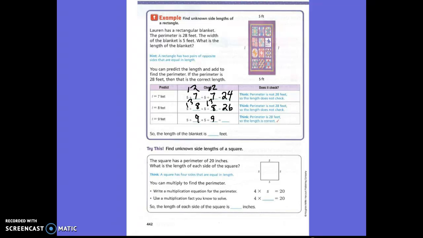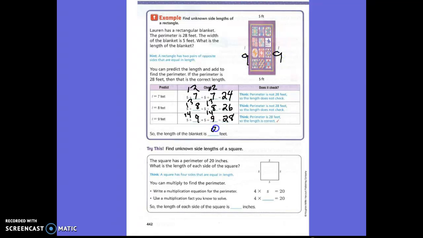5 plus 9 is what? 14. So you have 2 14s. 14 and 14 is what? 28. Do we have our perimeter then? Yes. So these 2 side lengths have to be 28. No. Not 28. The whole thing is 28. They have to be 9.